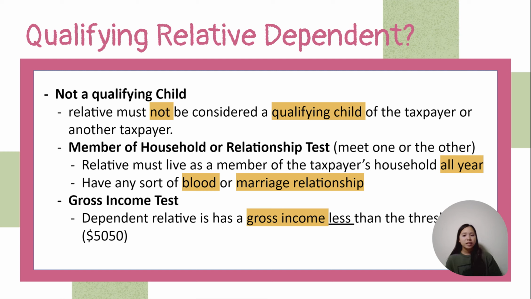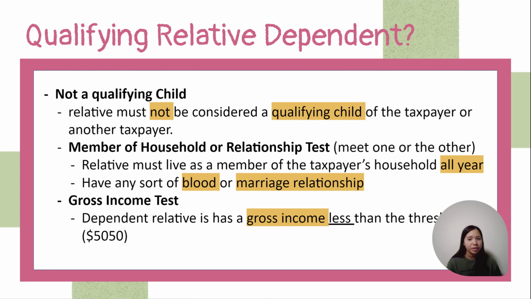So, the tests that you have to pass to be a qualifying relative dependent include the not a qualifying child test. In order to be a qualifying relative dependent, you must not have been eligible to be considered a qualifying child, meaning you failed one of the qualifying child tests. Another test is the member of household or relationship test. This is a dual test, meaning you have to fulfill one caveat or the other.